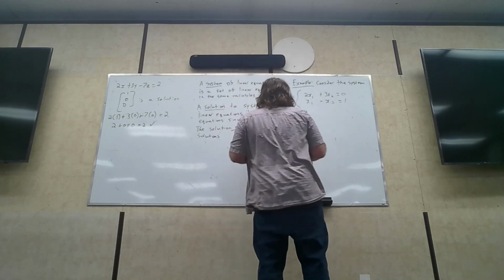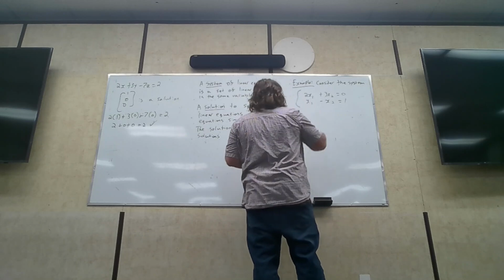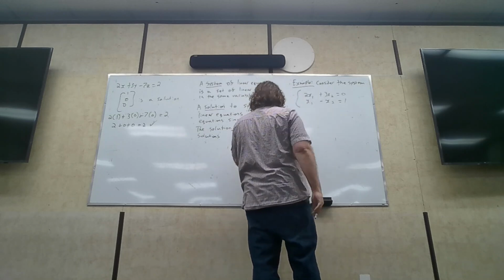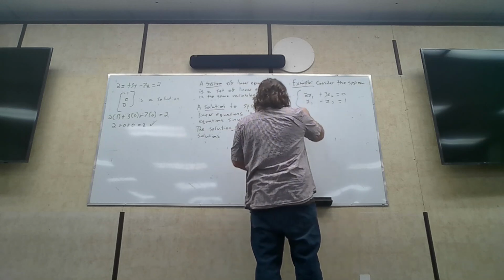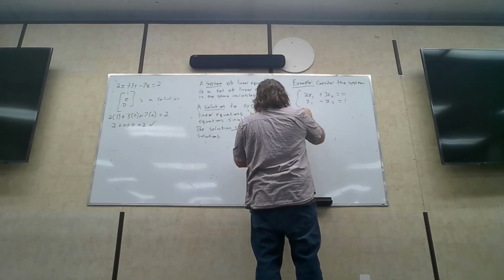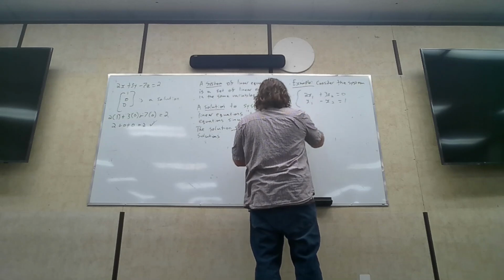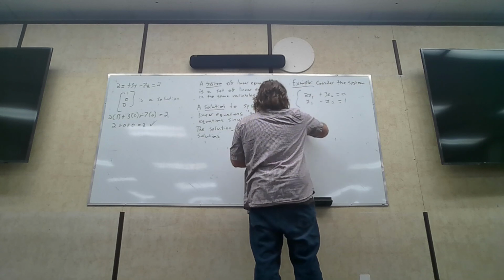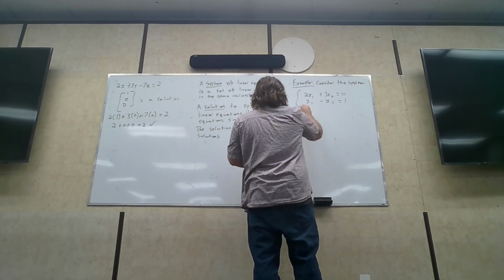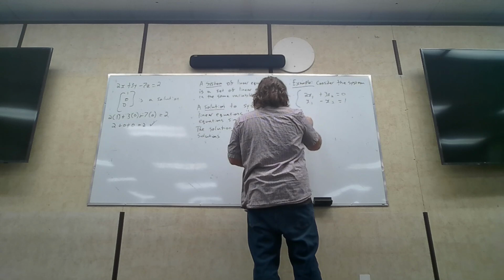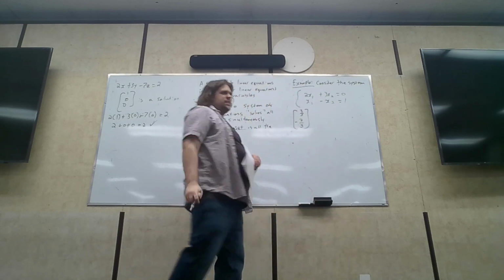So finding solutions to this thing is a bit annoying, so I'm just going to have to read my note here. (3/5, -2/5). I'm going to make that bigger. Let's see if this is a solution.